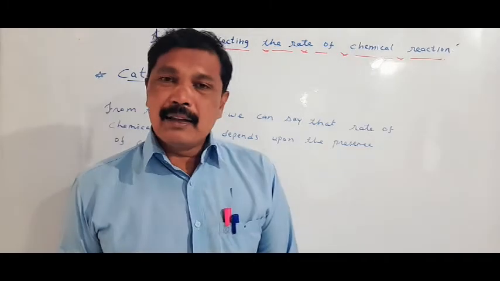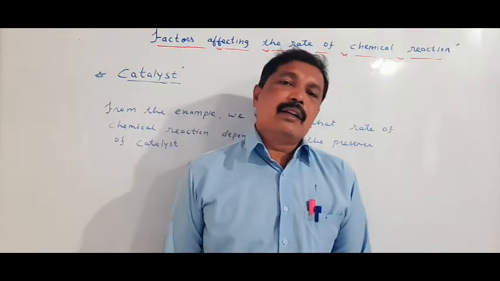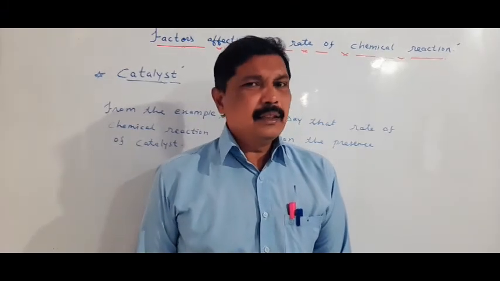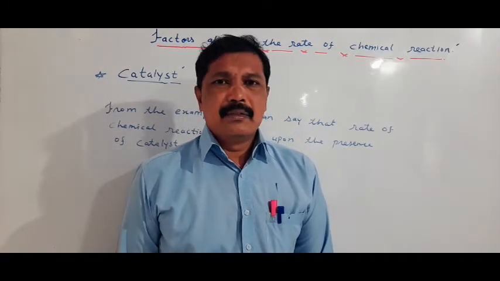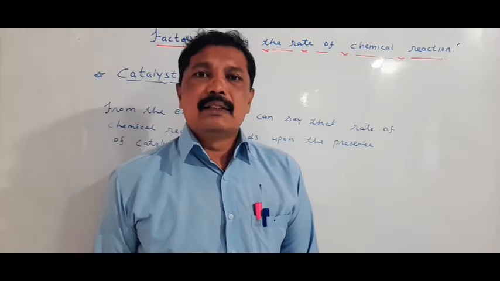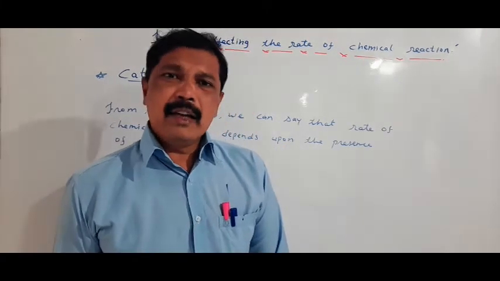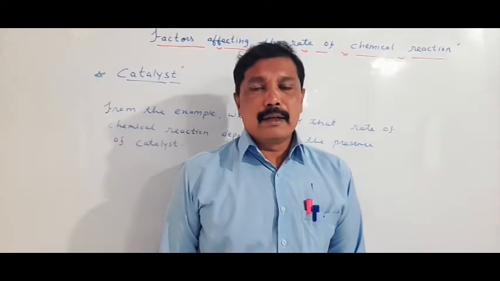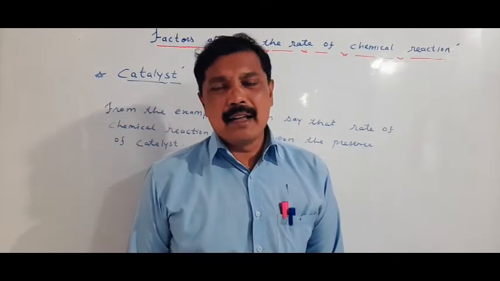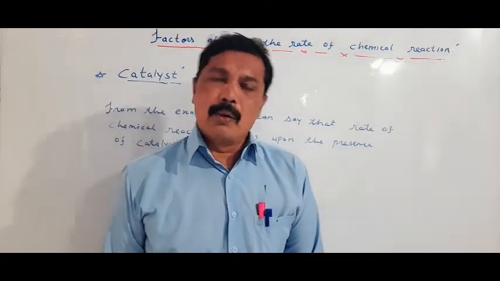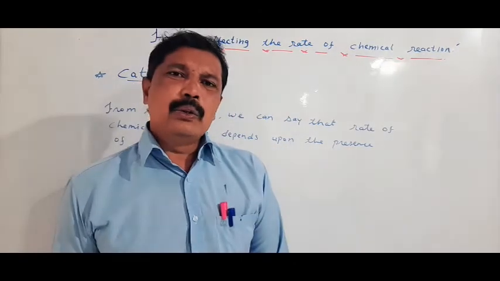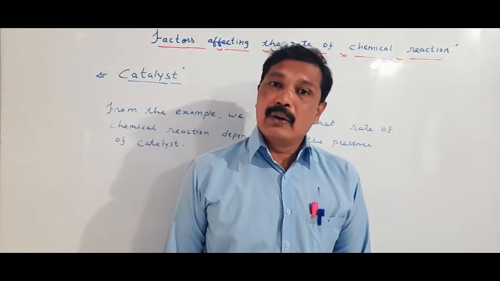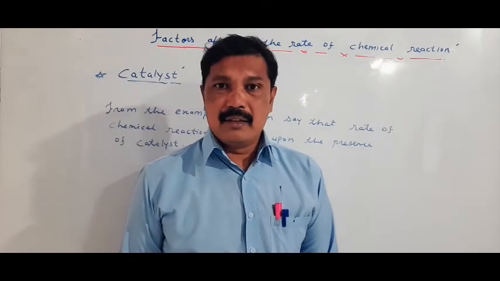The second factor which affects the rate of chemical reaction is size of the reactant. The example which we have studied is marble tiles. We have taken marble tiles, one in the form of pieces and another in the form of powder, and allowed it to react with dilute hydrochloric acid, HCl.